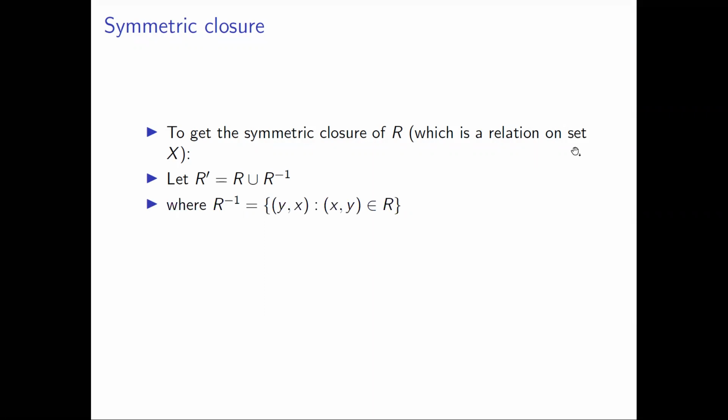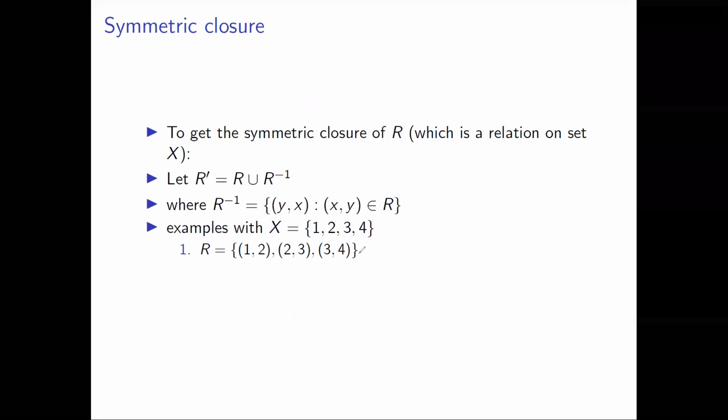And the inverse is just the set of ordered pairs y, x for which x, y is an element of R. So we'll look at some examples now of getting both the inverse and the symmetric closure. And we'll use the same set big X equals 1, 2, 3, 4.